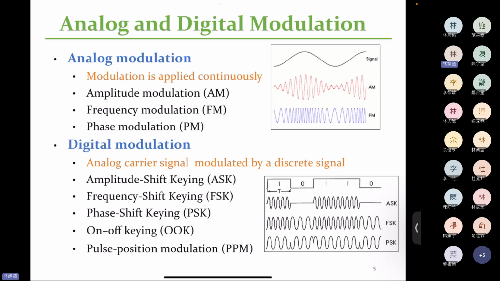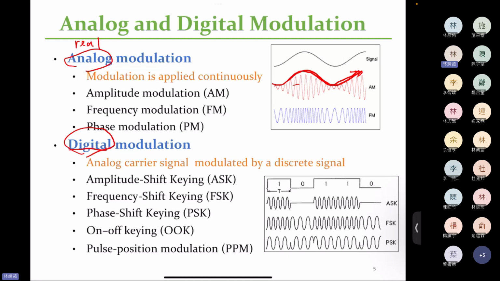So analog modulation means that your signal variation is applied continuously. So you can see that this variation is changing over time without any boundary. This is continuous changing. So this is what we mean by analog. If you see the terms analog and digital, analog means continuous changing, and digital is equivalent to discrete.